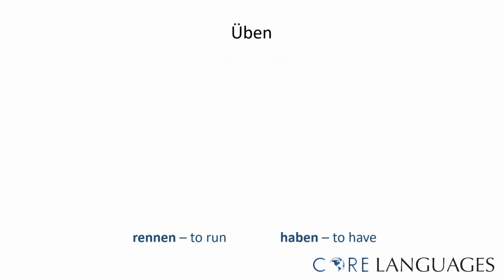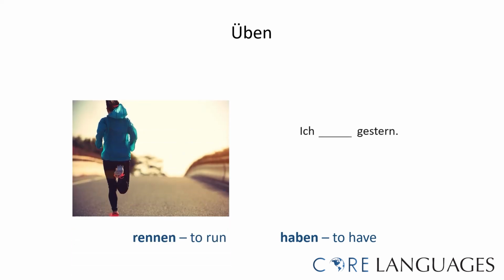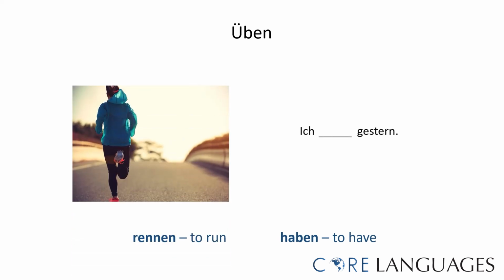Let's practice. Üben wir. Choose between the verbs rennen, to run, and haben, to have, and put the following two sentences in the simple past tense. Ich, gestern. The correct verb is rennen, and rennen in the simple past tense for the subject ich is rannte.